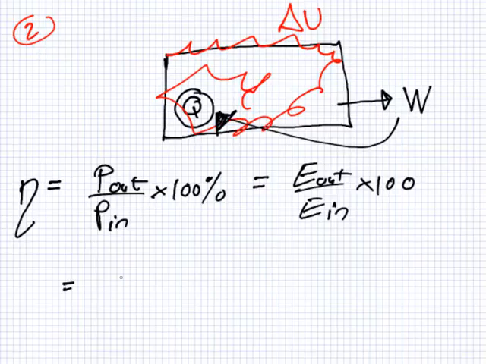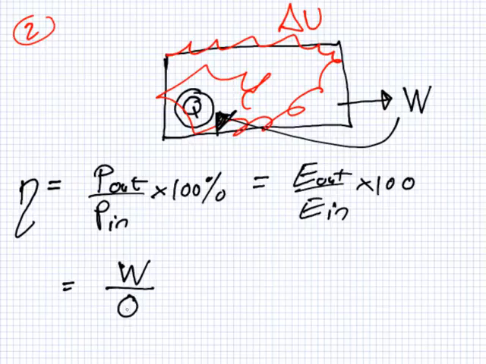So what is the energy out? What do you get out? What energy comes out of the train that you want? Kinetic energy, right, which is what letter here? And what goes in?